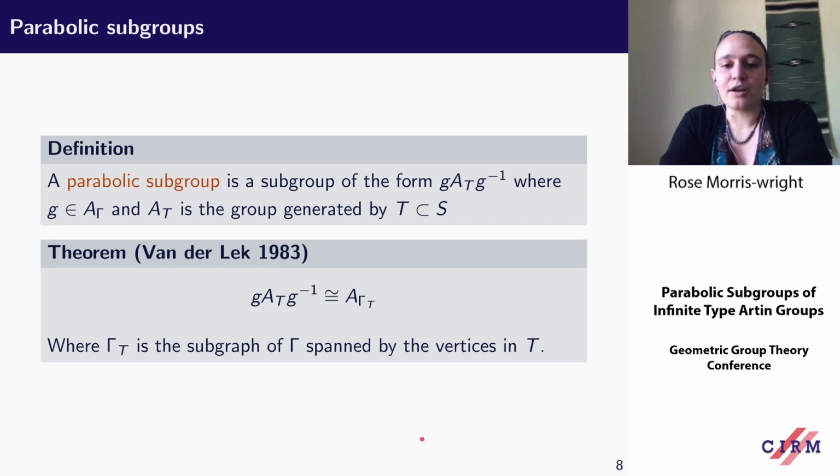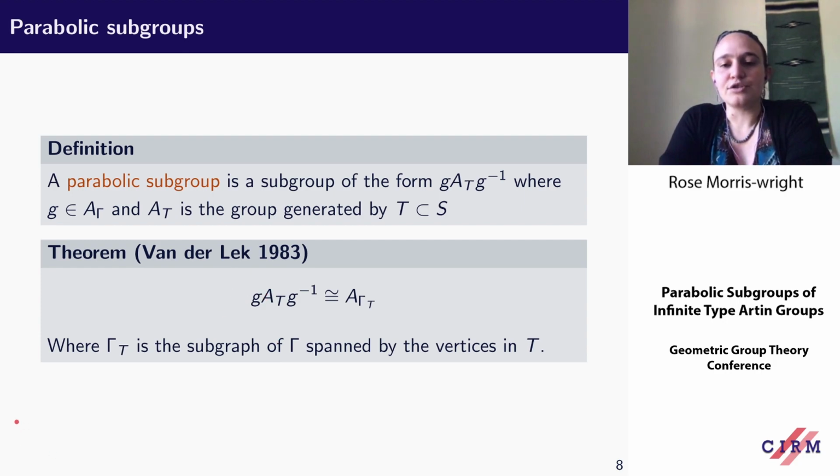And parabolic subgroups are important chiefly because of this theorem of van der Lek. This is part of his PhD thesis, which says that if I have this graph gamma and I look at the subgraph that's spanned by the vertices in my subset T, and I define my Artin group just using that subgraph, then I will get the same group as my parabolic subgroup.